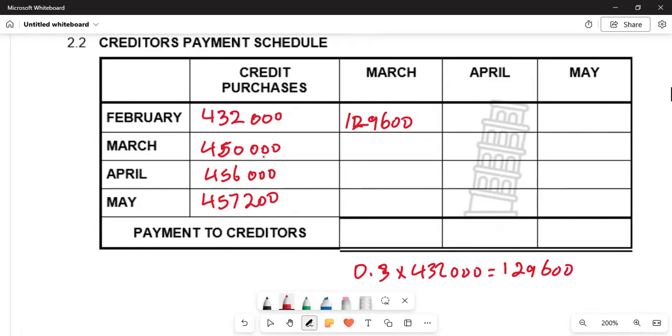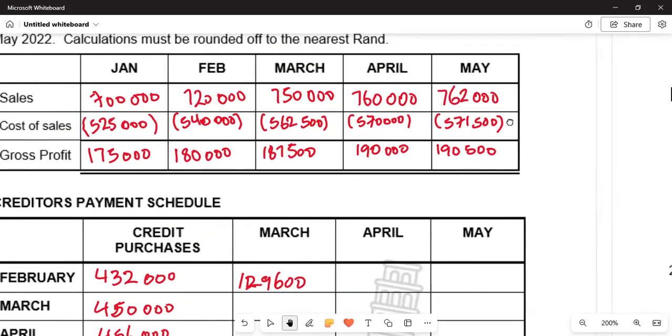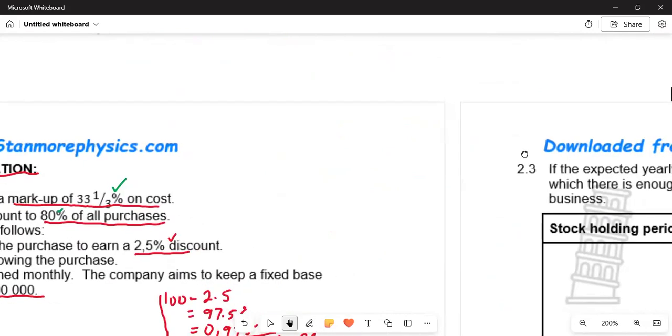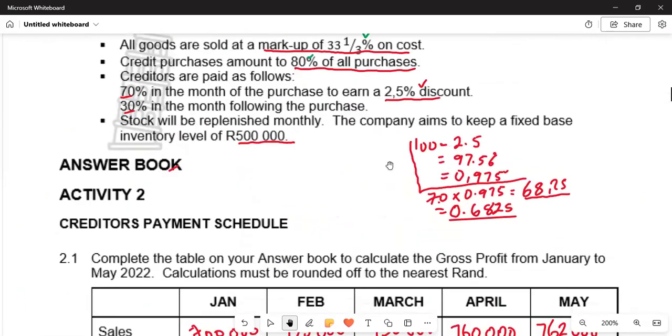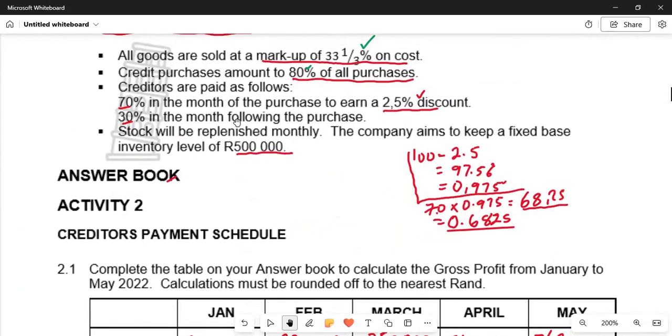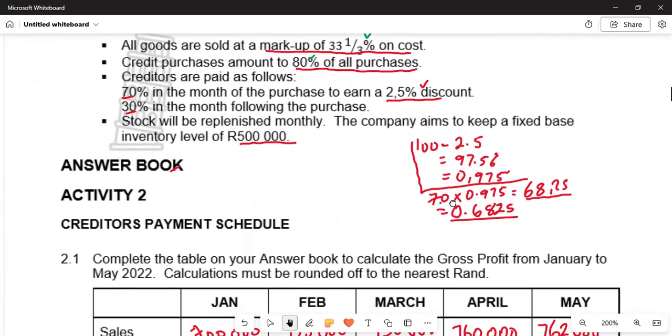So we write it here, 129,600. Now we come to the month of purchases, where we were told to get 70% in the month of purchases and to earn 2.5 discount. We already subtracted the 2.5 discount and we managed to get this amount, 0.6825.